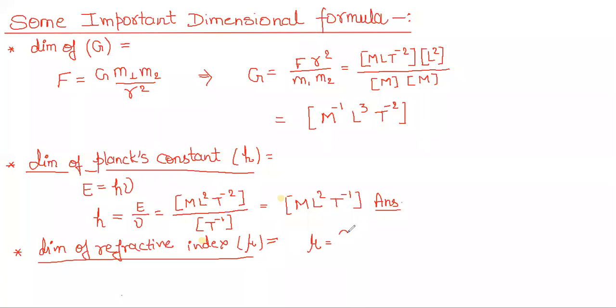Mu is equal to speed of light in air or vacuum upon speed of light in medium, C upon V. C has the dimension L T minus 1 and V will also have the dimension L T minus 1. Both will be cancelled out and the dimension will be M0 L0 T0. It means its dimension is 0, and if the dimension is 0, we call it a dimensionless quantity.